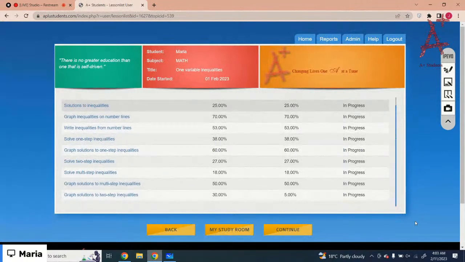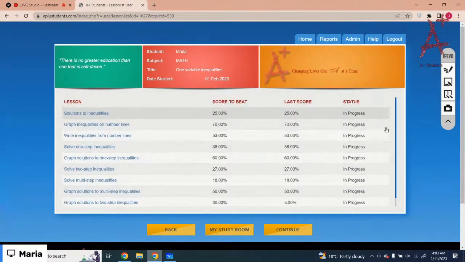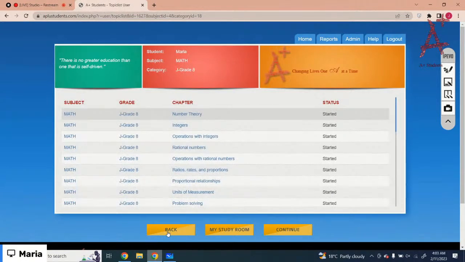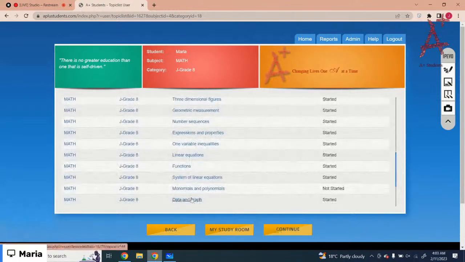Okay, but we don't have the final test of the chapter. I did every lesson, but still the final test of the chapter is missing. Okay, let's start with the next lesson, that is linear functions. So let's start with the chapter that is linear functions.